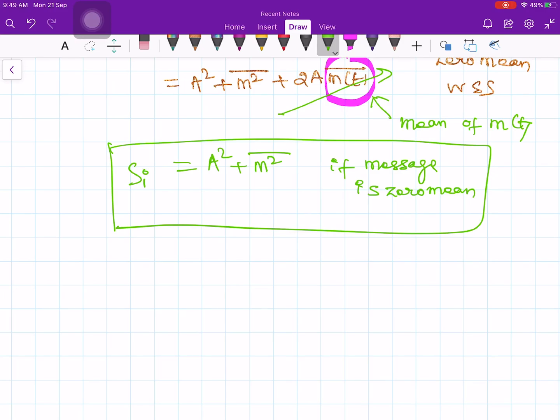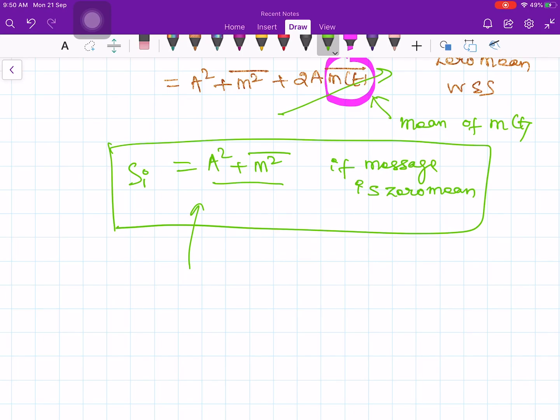So how can you generate a voice signal with a 0 frequency? That is not at all there. So this is your expression for the input power. Now the input power is no longer m squared, because you are also transmitting the carrier. So that is why it is A squared plus m squared bar. In the previous cases, the input power is simply m squared bar, but here it is no longer m squared, it is A squared plus m squared.